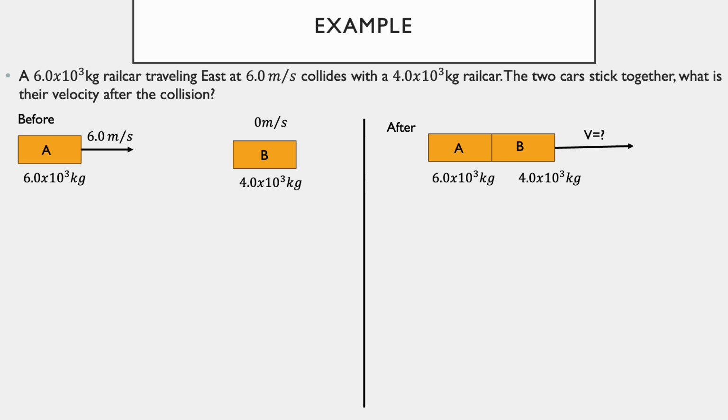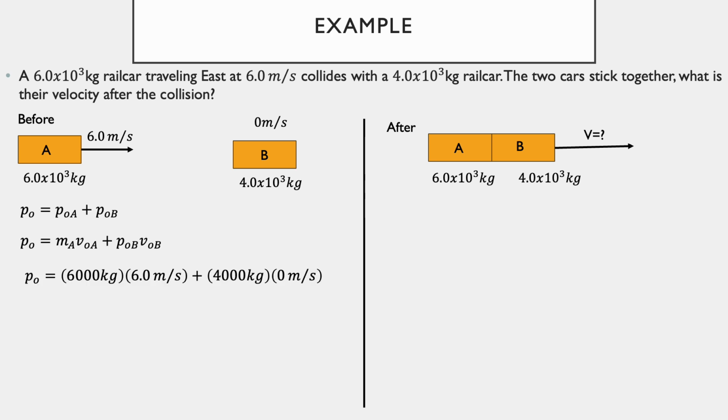So writing out equations for our initial components, our initial momentum is equal to the initial momentum of A plus the initial momentum of B. We can substitute in our momentum equations for each of those, and then substitute our values in. Calculating our initial momentum, we get 36,000 kilogram meters per second, and because of conservation of momentum, that's also our final momentum. Afterwards, our momentum's just equal to this one object that's moving off as one solid piece.